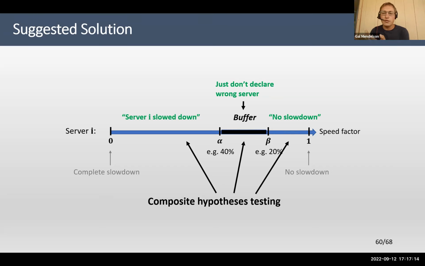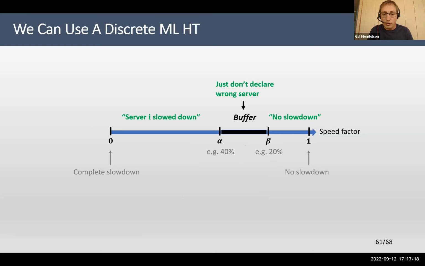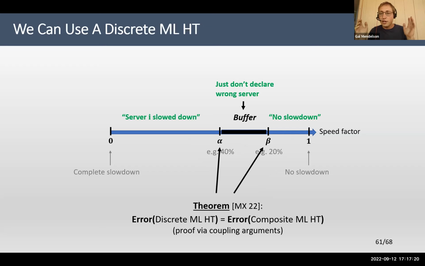So this is a different definition of an error, and that's what allows us to do the following step, which is that this complicated composite hypothesis test is actually equivalent to a discrete hypothesis test using alpha, beta, and beta. So this is a result we have. So we can now take this continuum, forget about this continuum, and go back to discrete hypothesis testing.